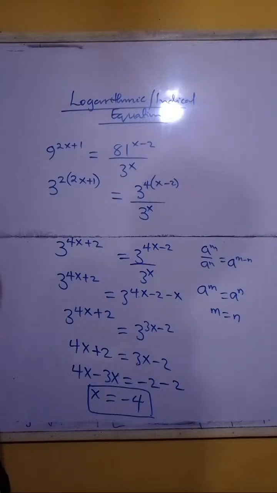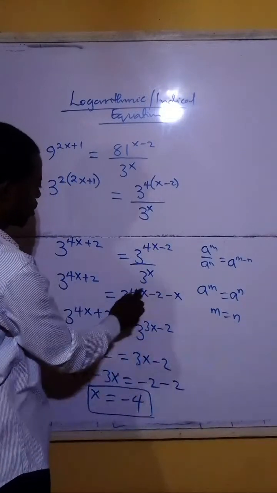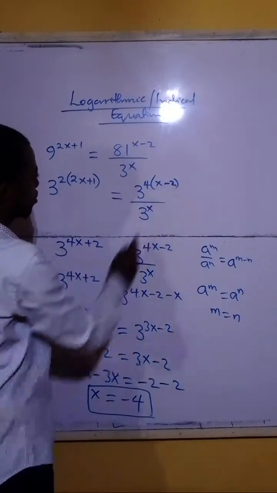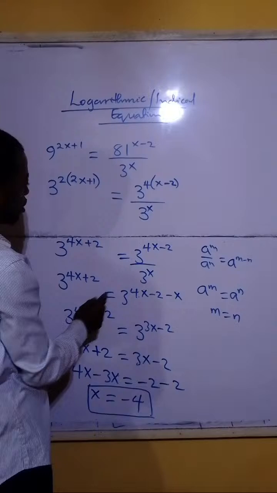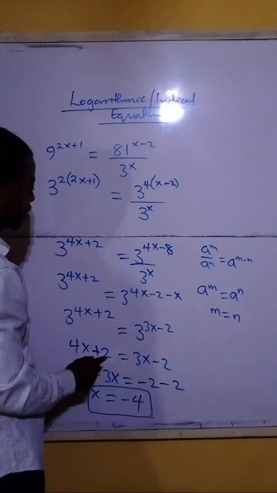Oh, sorry. I think there was a mistake somewhere here. When we open this bracket, we're supposed to be having 4 times minus 2 here. That is, 4 times minus 2 is supposed to be minus 8. So this power should be minus 8.